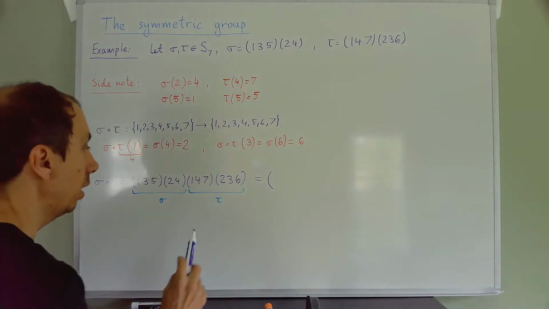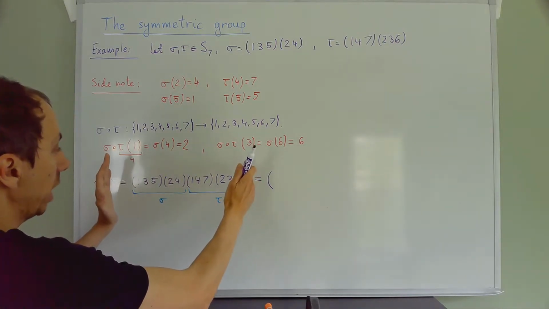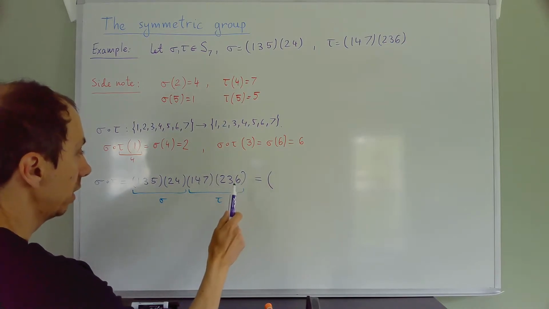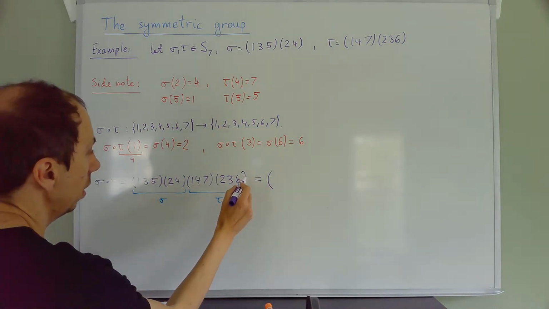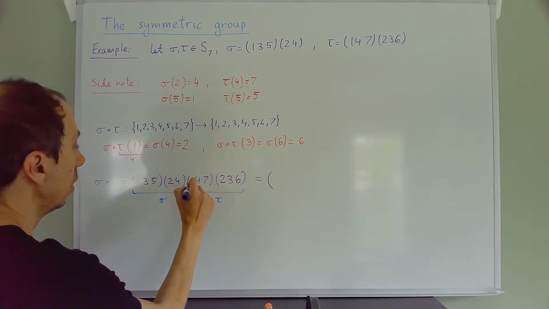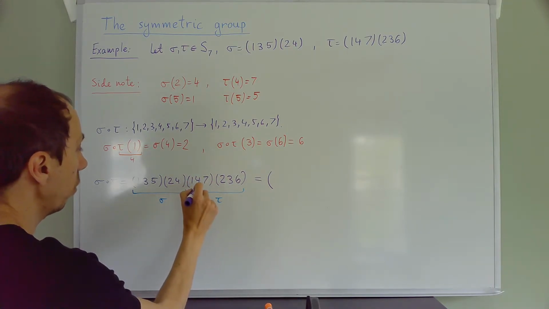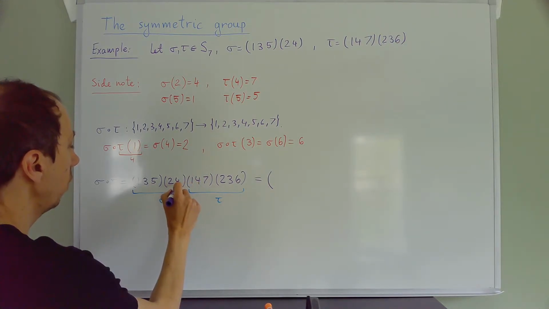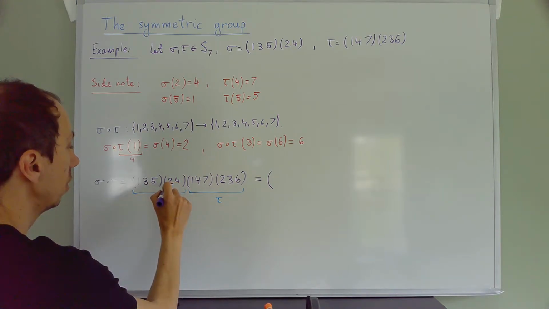So I want to know what this gigantic guy does to 1. I go from the right. Well, this doesn't do anything to 1. There's no 1. Oh, here, there's 1. So tau maps 1 to 4. So I need to now check what happens to 4 under sigma. So 4 is mapped to 2.